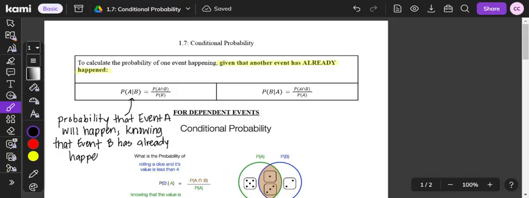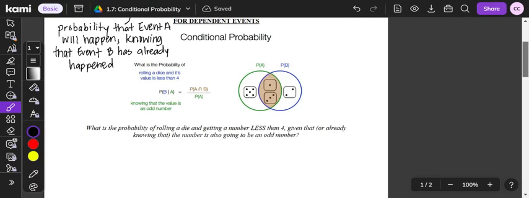The way we would read this is the probability of A given B. That bar right there means given. It is information that has been given to you already. There are two different formulas, one for the probability of A given B, the other for the opposite, the probability of B given A.